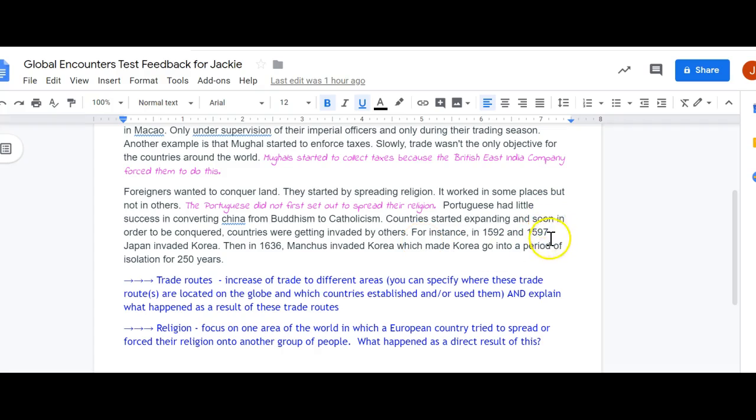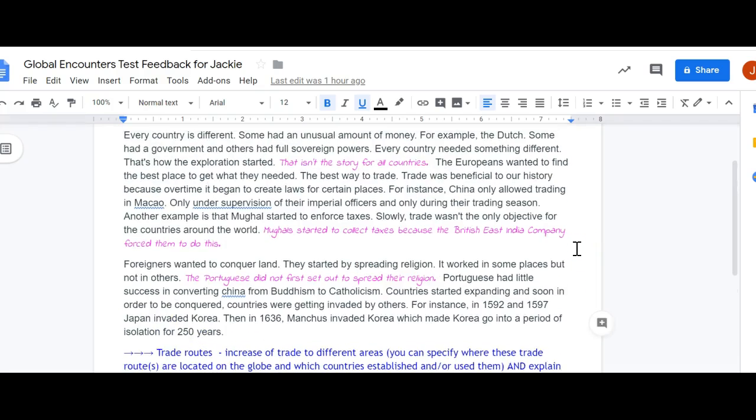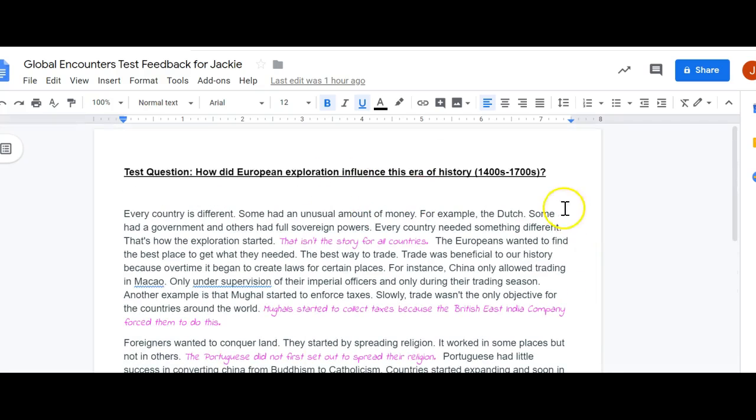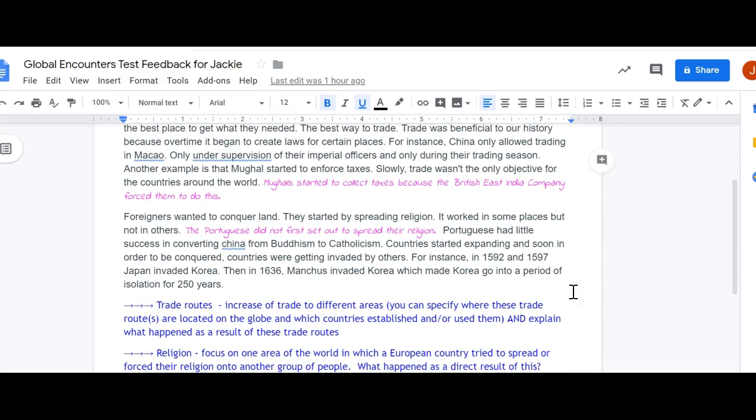The second part, I believe what you were talking about here was the spreading of religion. It gets a little bit muddied down here because it talks about Japan invading Korea, the Manchus, which are Chinese, they invaded Korea. So those don't have much to do with European exploration, but more with what different Asian countries were doing.